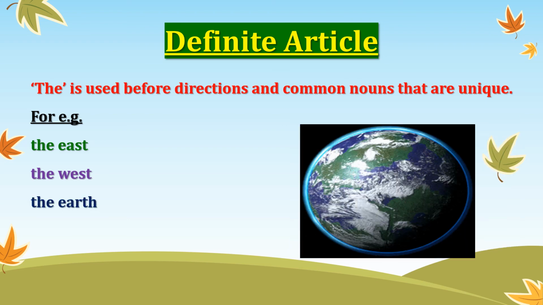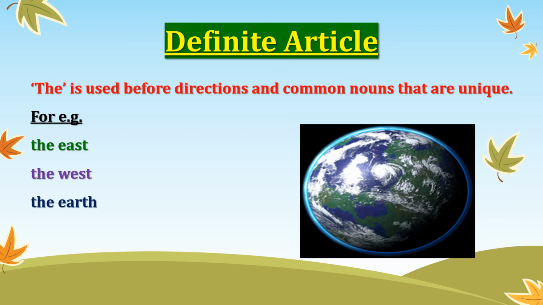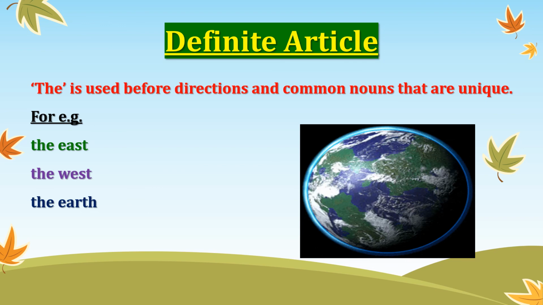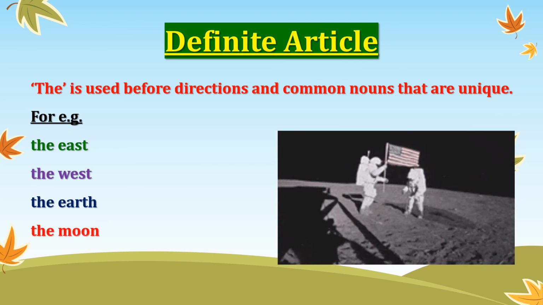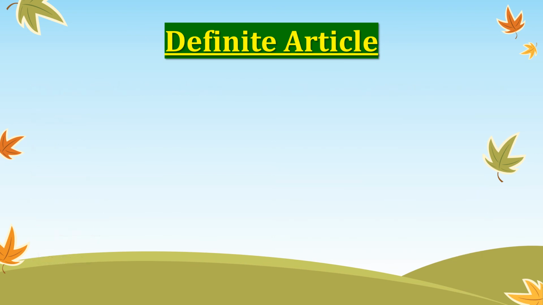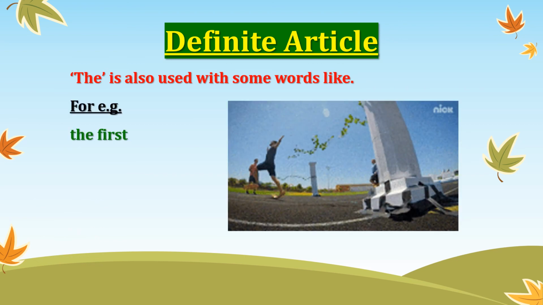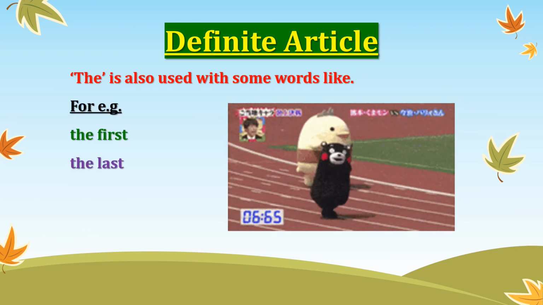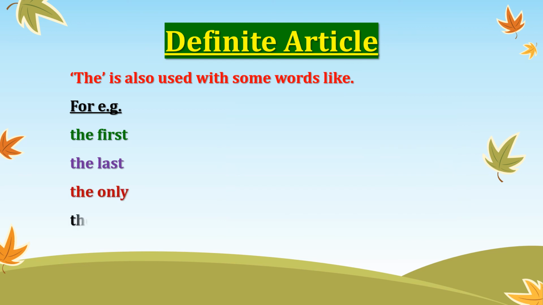For example, earth. Earth is unique. That is why we use the before it. The moon, the sun, and all other unique things. We also use the with some words like the first, the last, the only, the next, etc.